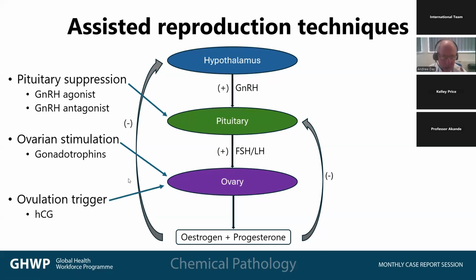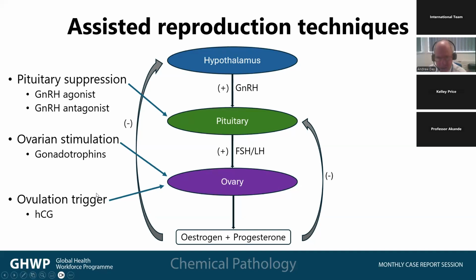Followed on the appropriate day by triggering ovulation, usually with subcutaneous HCG as a surrogate for LH. It has the same effect. It triggers ovulation about 2 days after the ovulation trigger is administered.